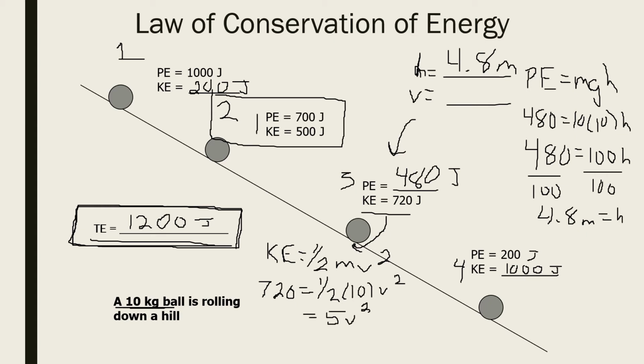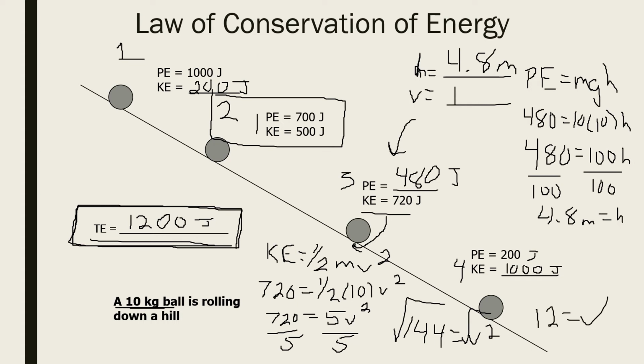Again, the square just stays on the v. Then I divide both sides by 5. And I get 144 equals v squared, square root that, and I get a velocity of 12. Nice. That's how you do it.